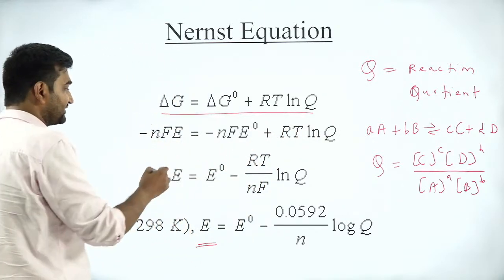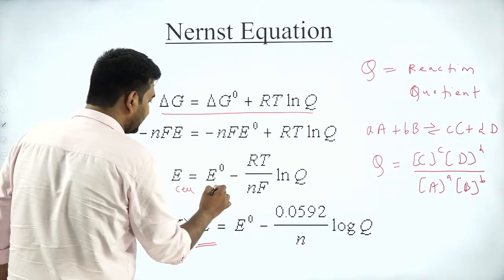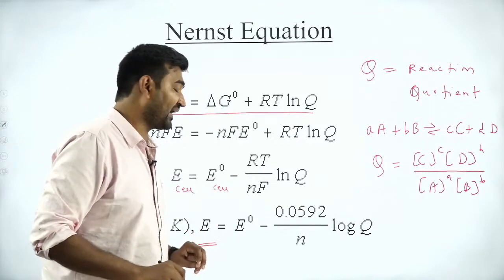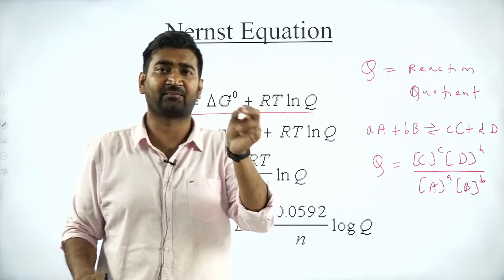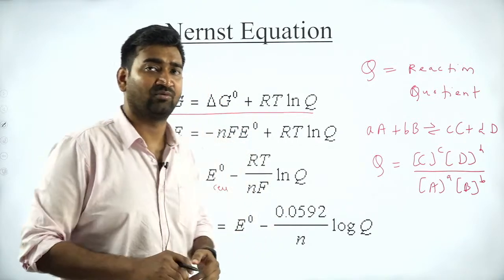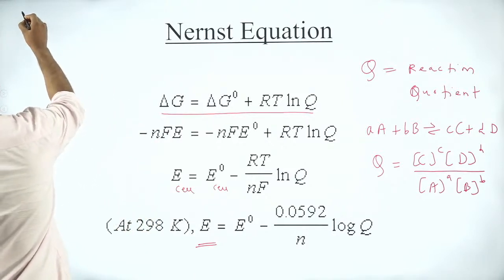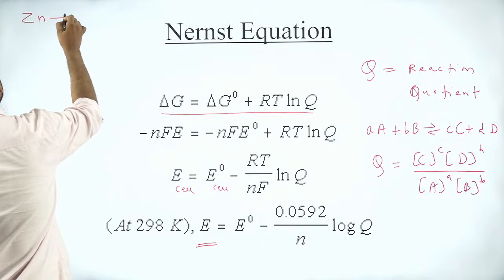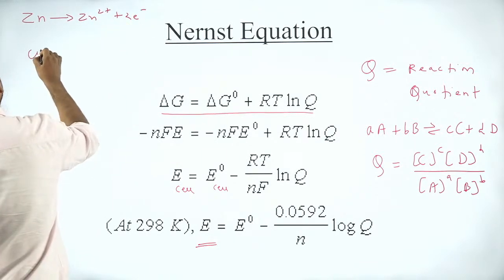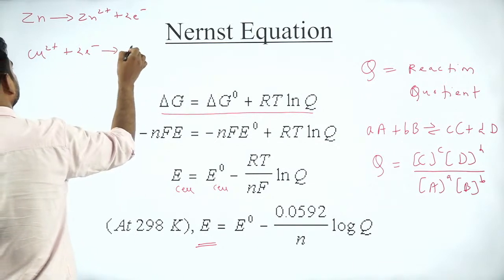And from here you will get this equation: E cell is equal to E naught cell minus RT by nF. What is n over here? n is the number of moles of electrons transferred in that particular redox reaction. Suppose in the galvanic cell, what is n? If you write the net cell reaction, Zn is converting to Zn2+ plus 2 electrons, and Cu2+ plus 2 electrons is converting to Cu.